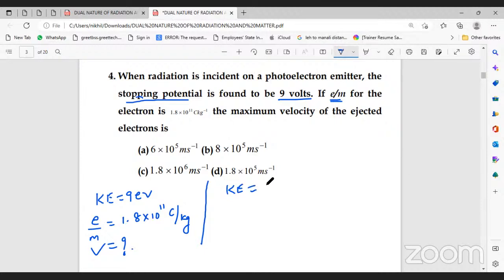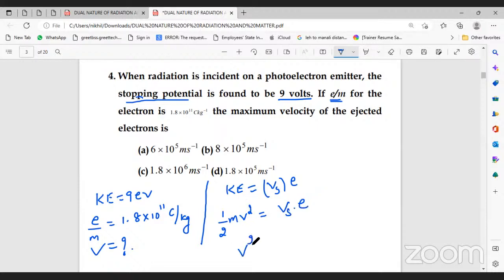Work can be taken as potential difference, that is stopping potential, into charge. So kinetic energy can be taken as stopping potential into the charge of the electron. Now kinetic energy can also be taken as half mv squared, which is stopping potential into E.